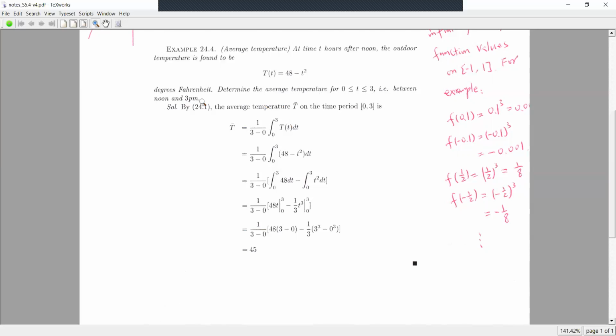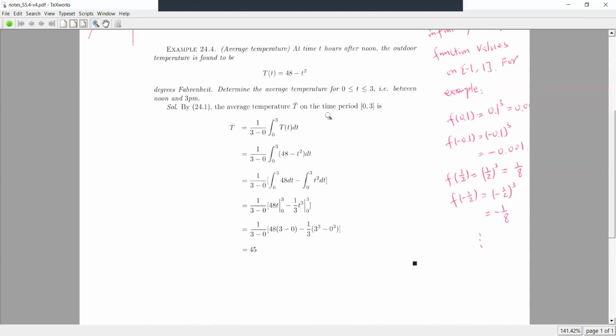We have the average function value formula. I use the formula. Then the average temperature is, by formula, 1 over b minus a times the integral from a to b of the temperature function.